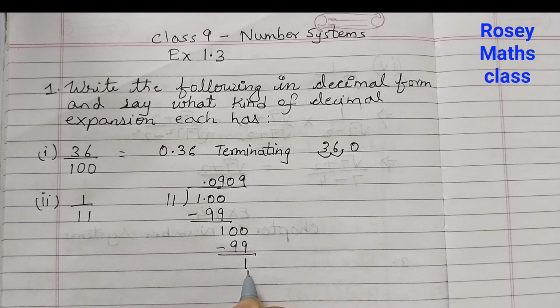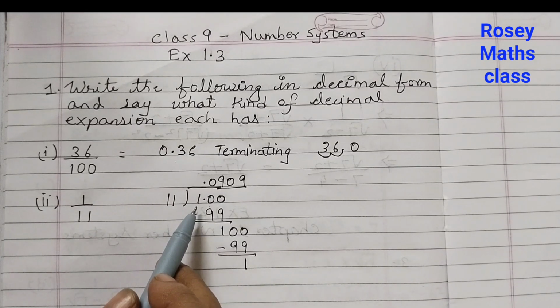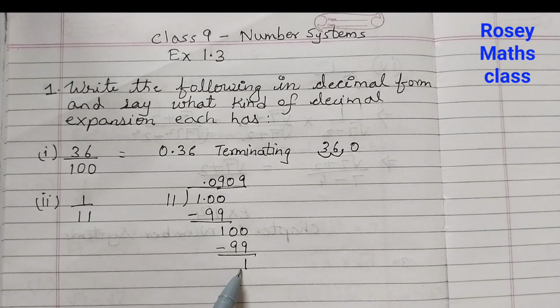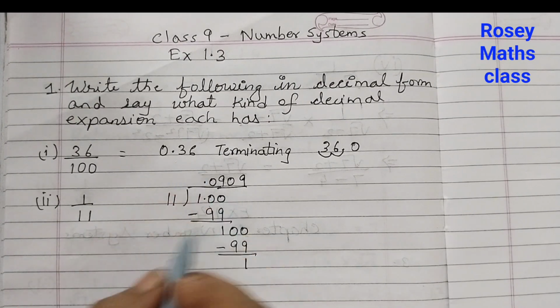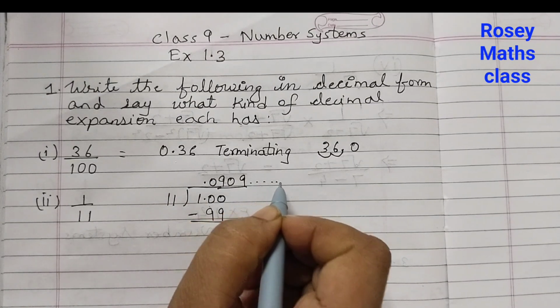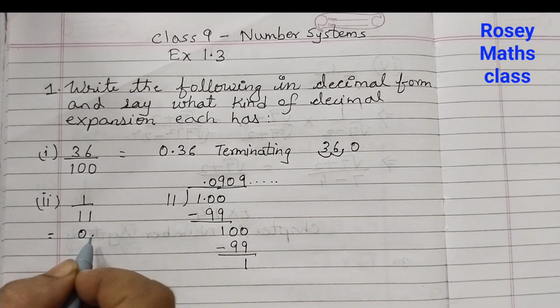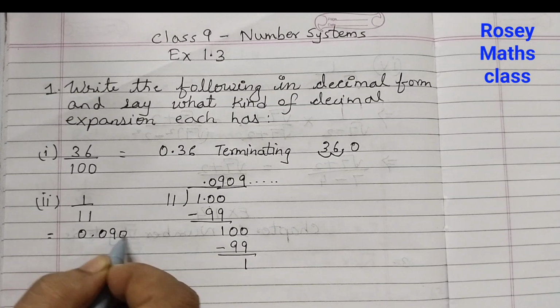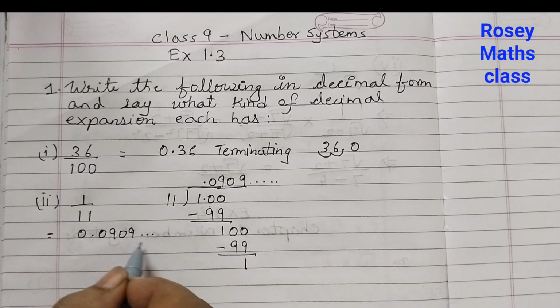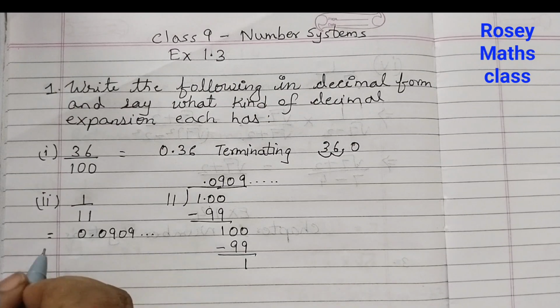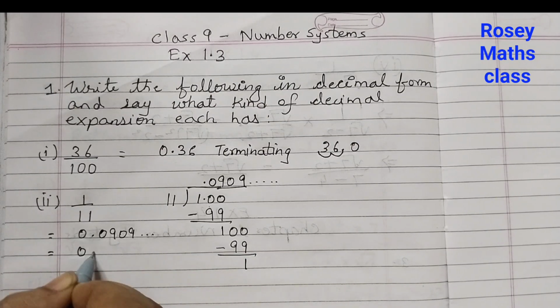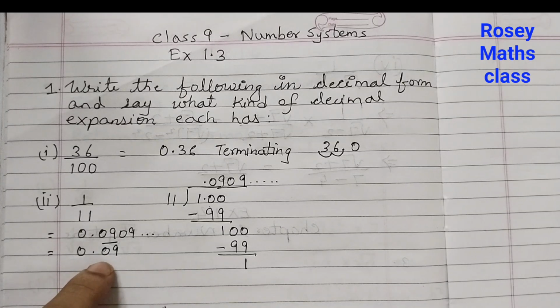So one more 0. 11 times 9 is 99. We get the remainder as 1. So we started with 1, and we got 1 again. That means it's repeating the same pattern. So this will go on forever. We can write this as 0.0909..., these dots show that it's repeating itself, or 0.09 with a bar here to show that these two digits are repeating.